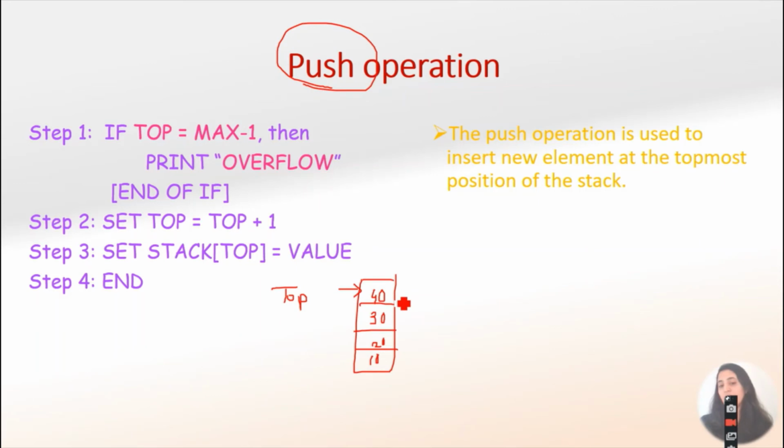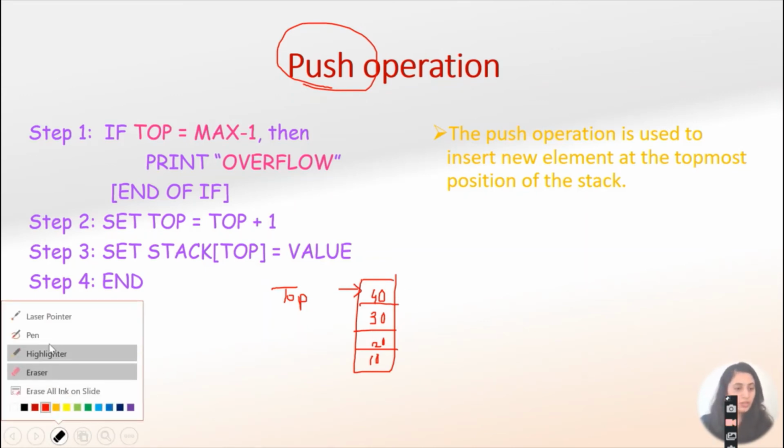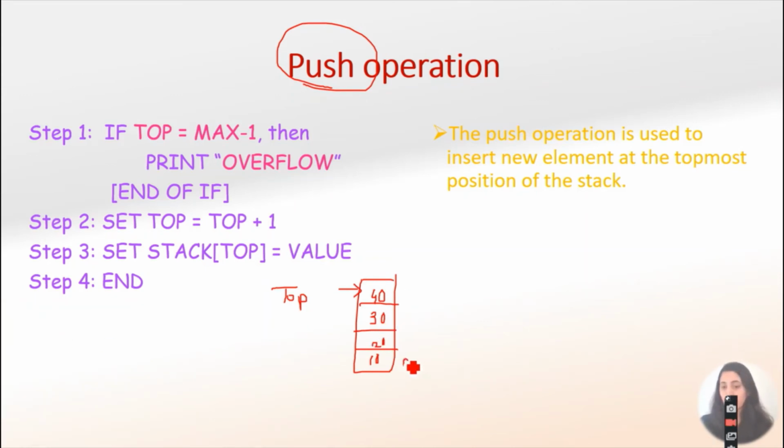Say for example, if this is an array of size 4, the memory locations of the array will be 0, 1, 2, 3. So if top is equal to max minus 1, the stack is already full, so I will give an overflow message, stop inserting a new element and come out of the function.